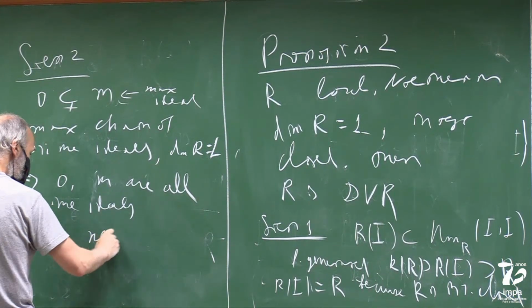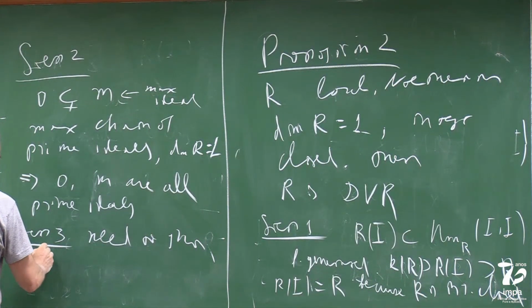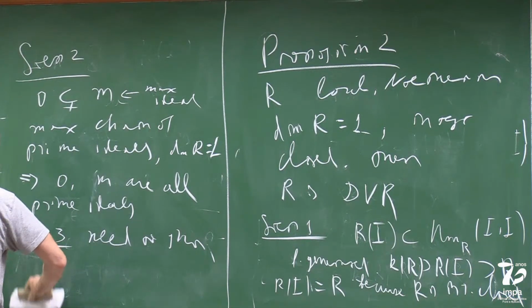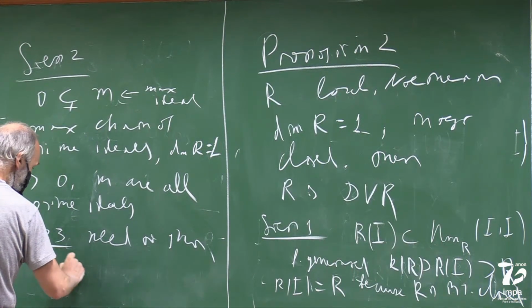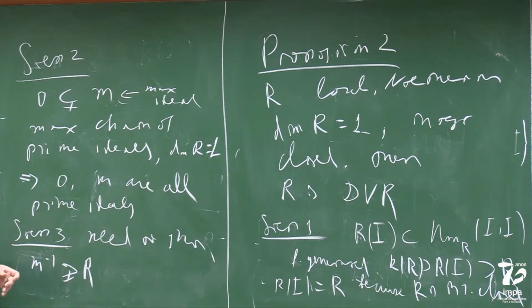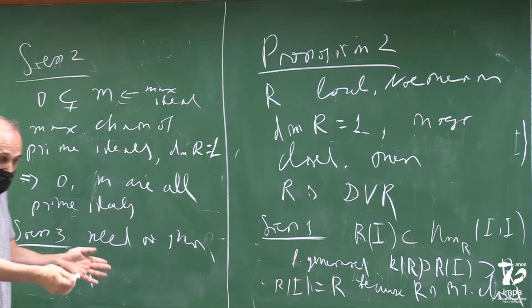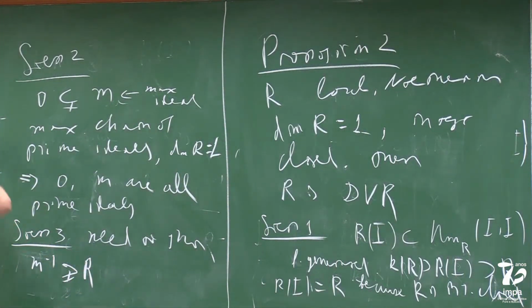We need to show that m inverse is contained, but not equal, to R. It's obviously clear when m is a principal ideal, because then m inverse is generated by p inverse, where p is the generator of m. And we're going to show eventually that m is a principal ideal. So this is a natural thing to show.